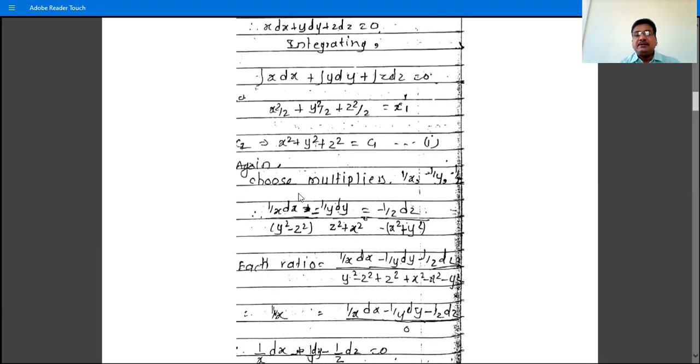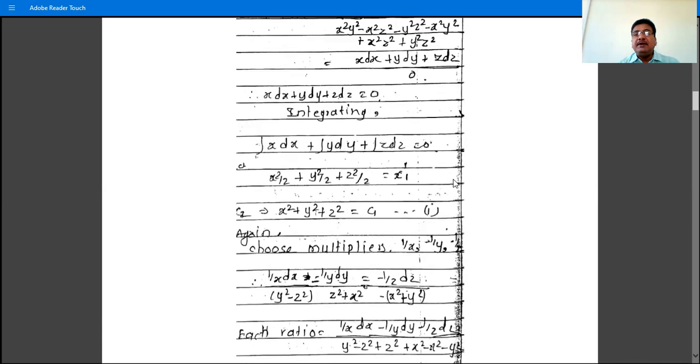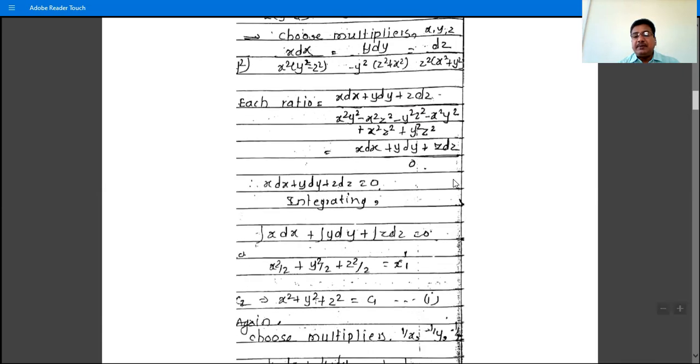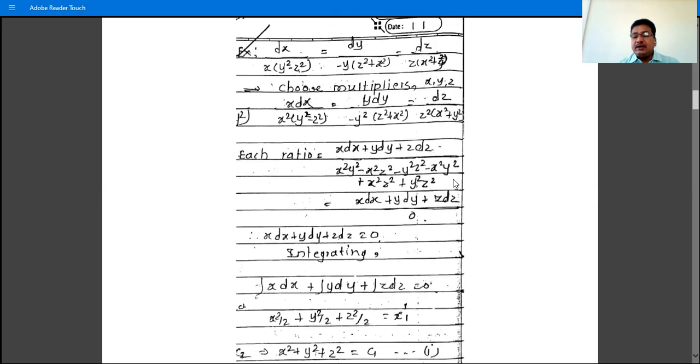Again, choose the multipliers 1/x, −1/y, −1/z. So these are the linearly independent multipliers. When we say two multipliers are linearly dependent, they are multiples of each other. For example, if we multiply x, y, z by x, we have x², xy and xz.